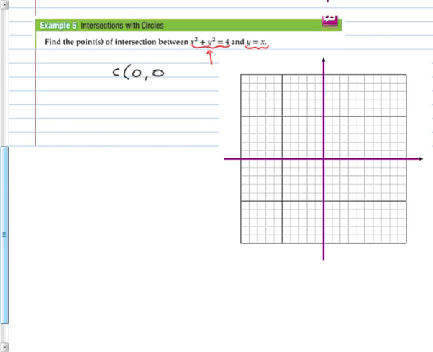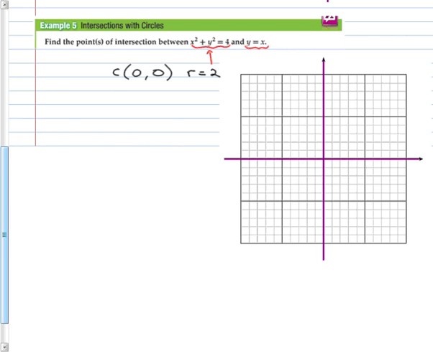Yeah. If it's just x, it's x minus 0. 0, 0. And whose radius is 2, square root of 4. What shape is this, y equals x? A line. That's a line. That's slope-intercept form, y equals mx plus b. The y-intercept just happens to be 0.